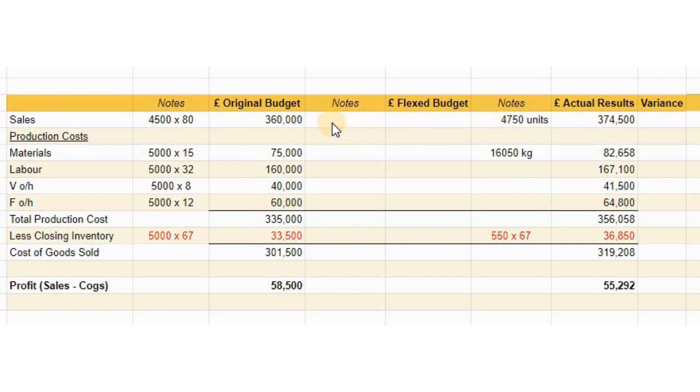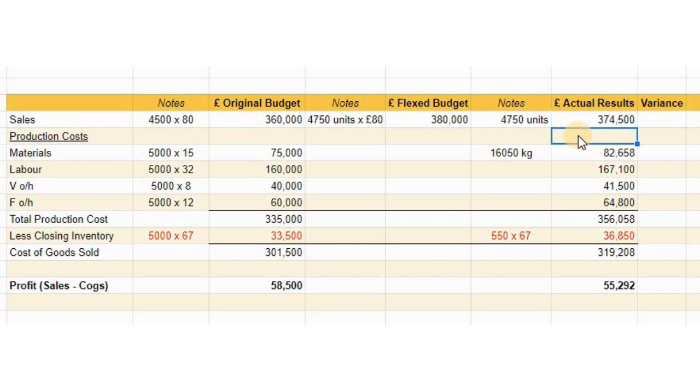Now, if we had sold those units at £80, what would we have expected to receive in sales revenue? We actually sold 4,750 units, and at the standard selling price of £80 per unit, we should have expected £380,000 of sales revenue.